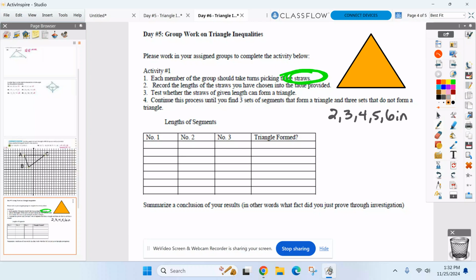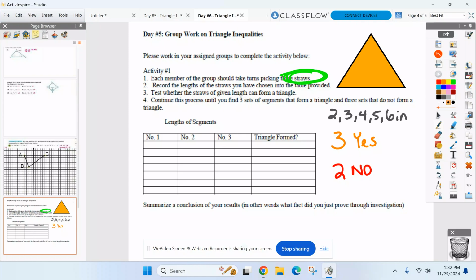Here's what I need you to do next. Job number 2: find me 3 sets that form a triangle, and then find me 2 that do not form a triangle. Then I'll proceed from there. If there's controversy, call me over, I'll settle it, whether it does or not.